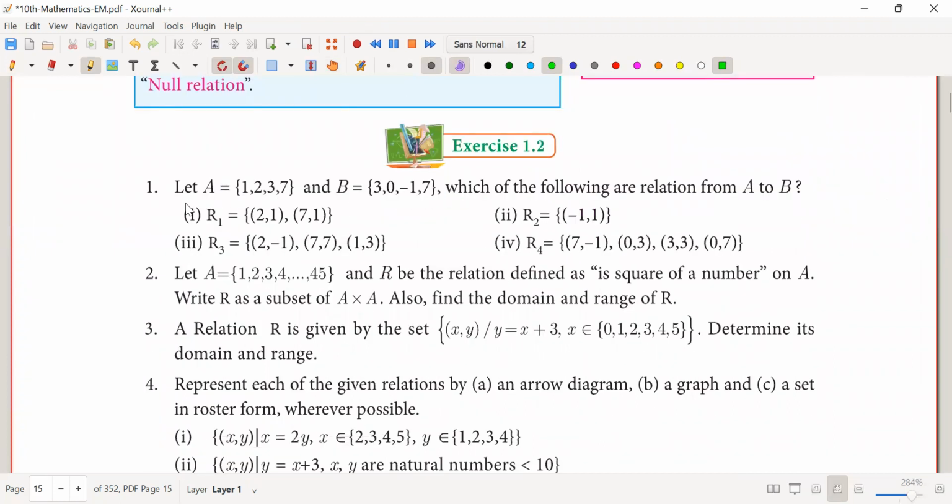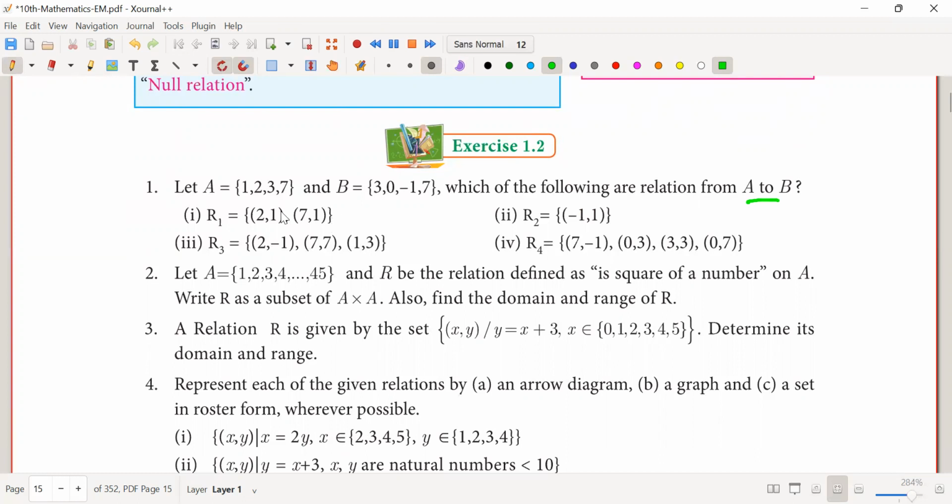Again, likewise, we have to combine both together. What I told you. A: 1, 2, 3, 7. B: 3, 0, minus 1, 7. Relation A to B. Remember this, check this properly. Sometimes they would be giving it as B to A. A lot of people will check A to B and this is wrong.